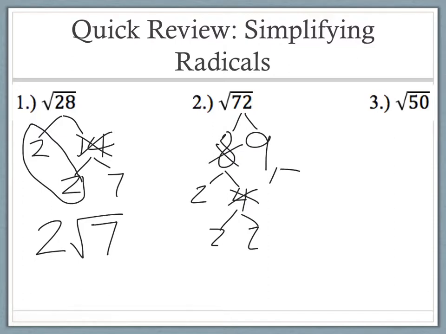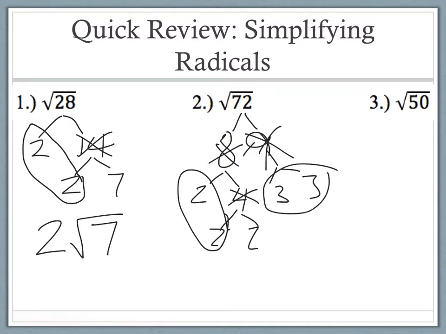Now if I break up 9, 9 is 3 and 3. Now we're looking for pairs. So I have a pair of 2's and a pair of 3's. If I have two pairs that are coming out, we multiply those. So 2 times 3 is 6. And then I'm left with this 2. So that's going to stay inside of the square root.